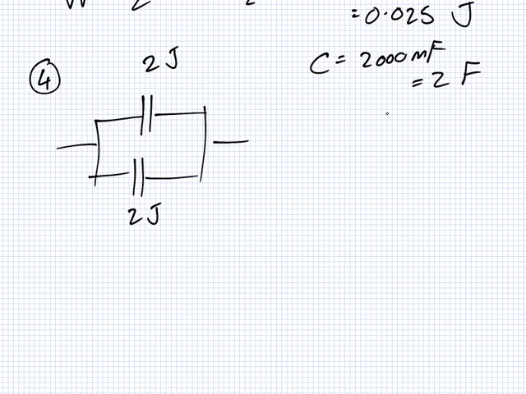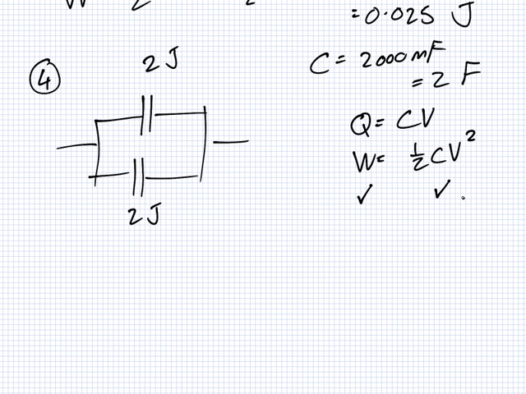What would I like to know? I want the Q, I think. Q equals... no, I don't know the V. Okay, work equals a half CV squared. Do I know the work? Yes. Do I know the C? Yes.